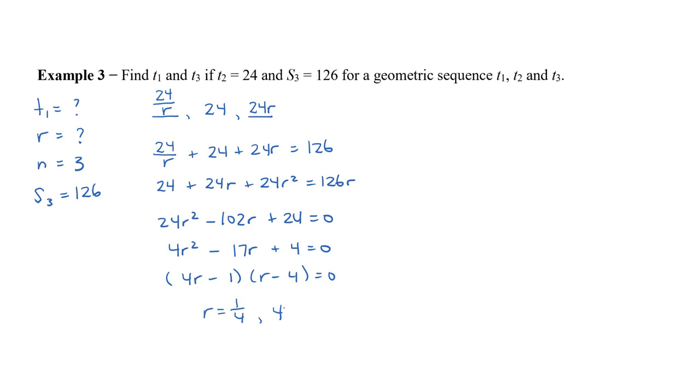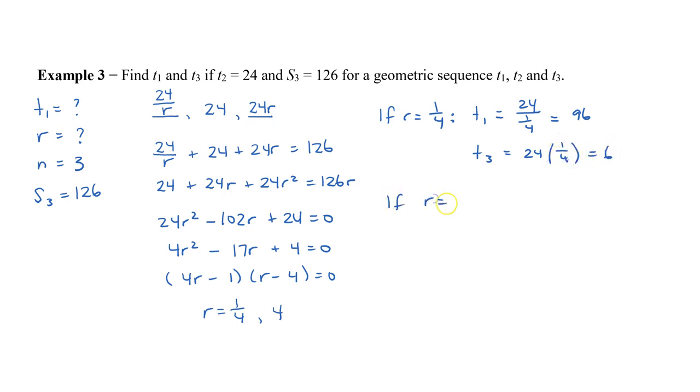So plugging in, if r equals 1/4, I can see that my first term would be 24 divided by 1/4, which equals 96, and then the third term would be 24 times 1/4, which equals 6.